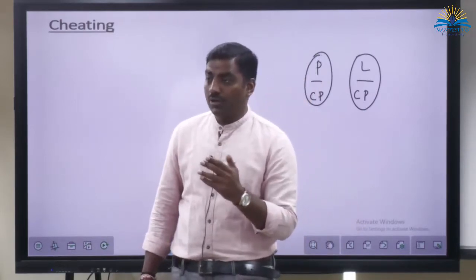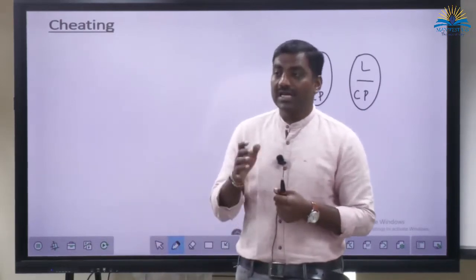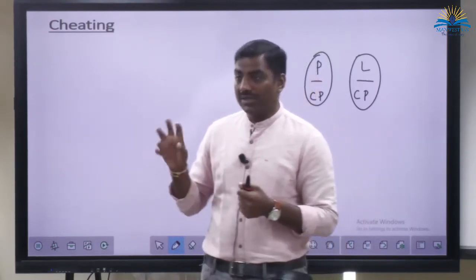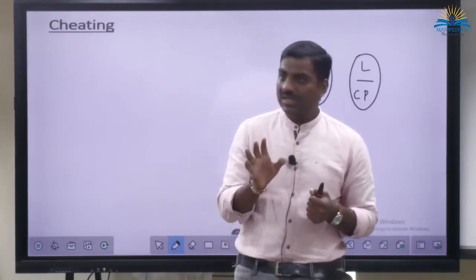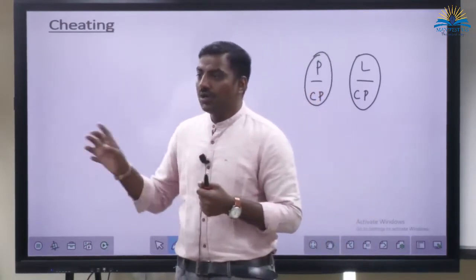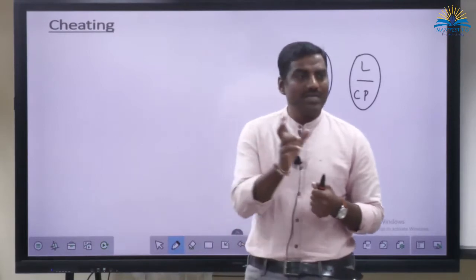And I have told you, when the questions are given in terms of percentages only, it is very easy to assume 100 as the cost price, and you are going to calculate other things based upon that 100.